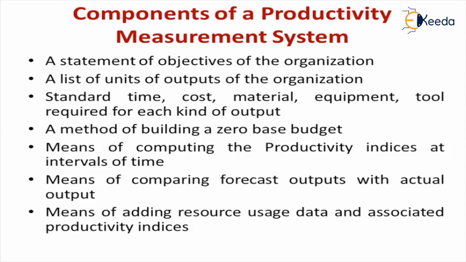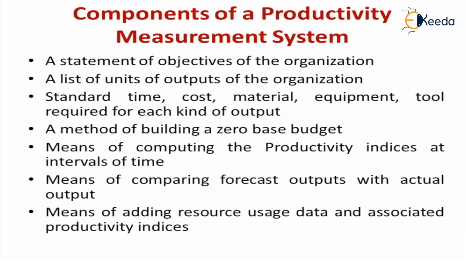It should not be overloaded. Suddenly, machines should not fail. Suddenly, the labor should not go. So I should have a system such that the budget is zero base. If I have 100 rupees, I'm going to spend 100 rupees. If I have planned for 200 rupees, I'm going to spend 200 rupees alone.